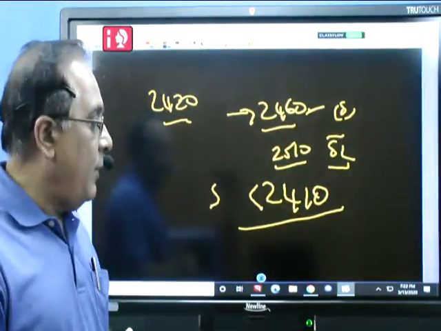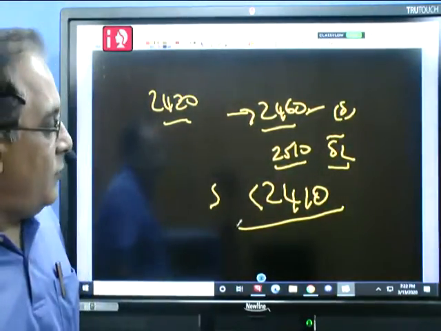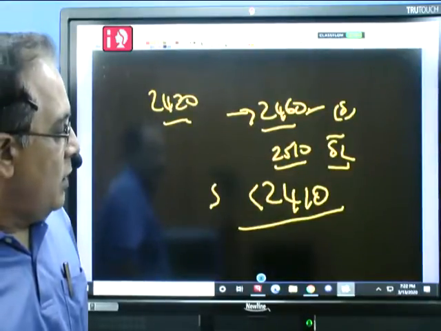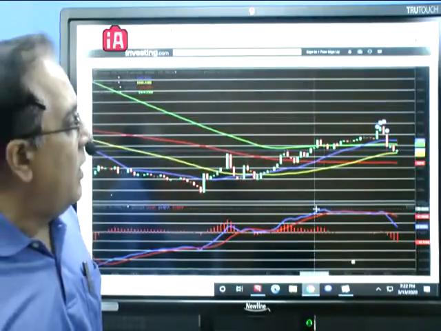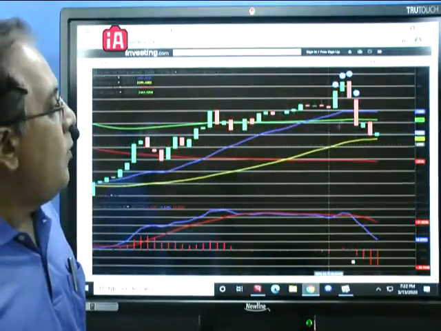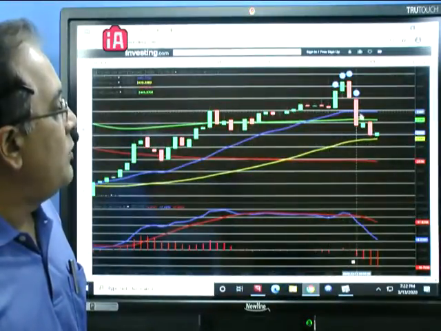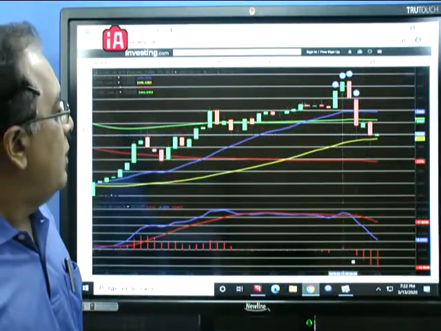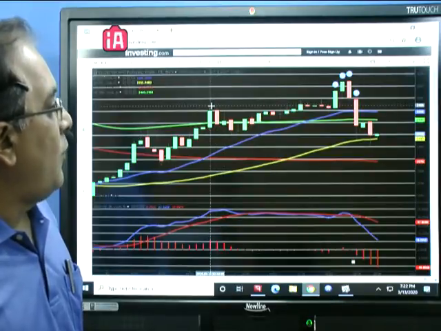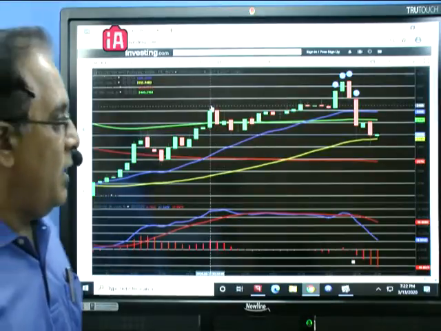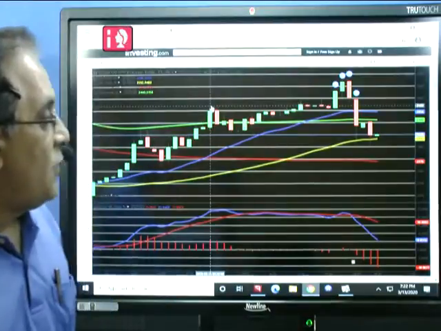But the stop loss in that case, if 2410 is broken, we have to keep some important high as a stop loss, which we hope will not be penetrated in case it starts to go lower.